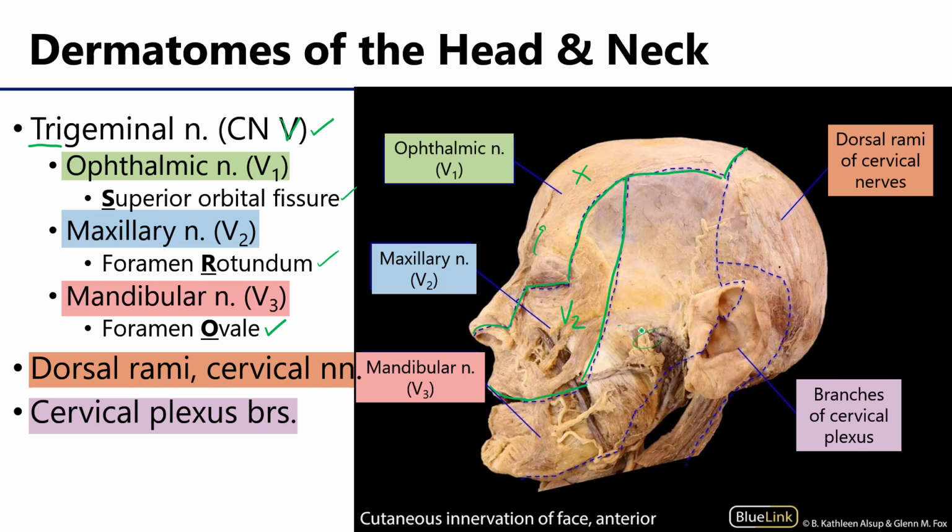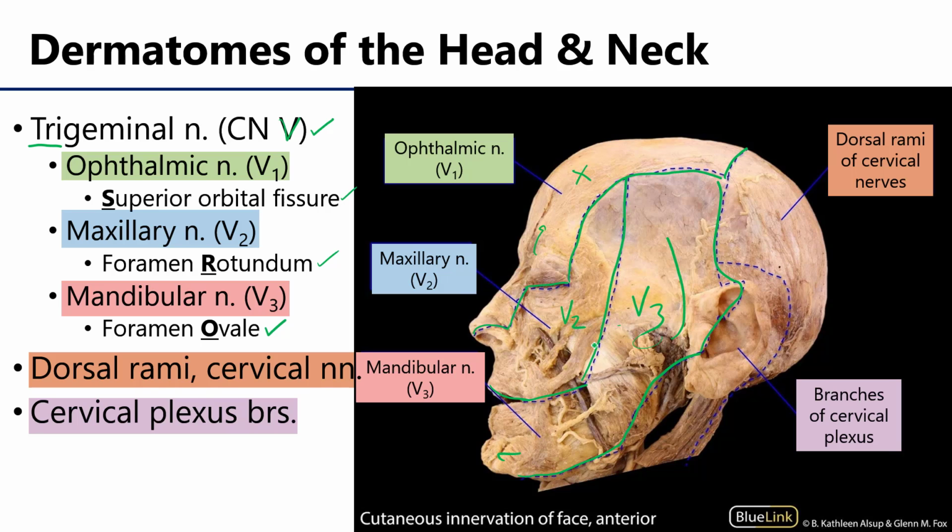And then there will be terminal nerves, auriculotemporal, heading up that way, the mental nerve, which is the terminal nerve of the inferior alveolar nerve, heading out that way. So we've got another distribution there. So all basically of the mandible going back, except for the corner, by the angle of the mandible, back to the tragus of the ear, up and around. So all of this is going to be V3.